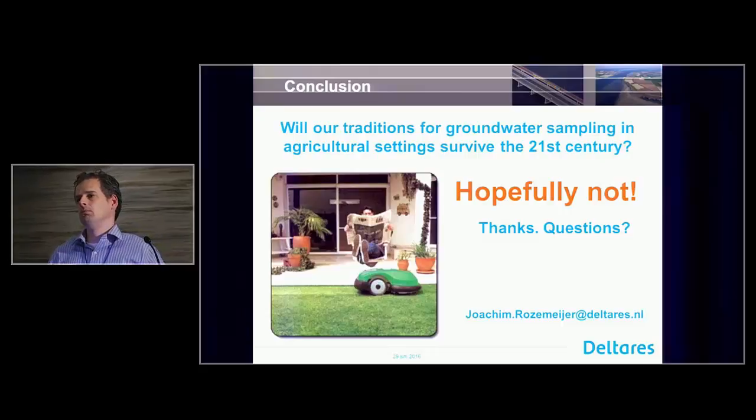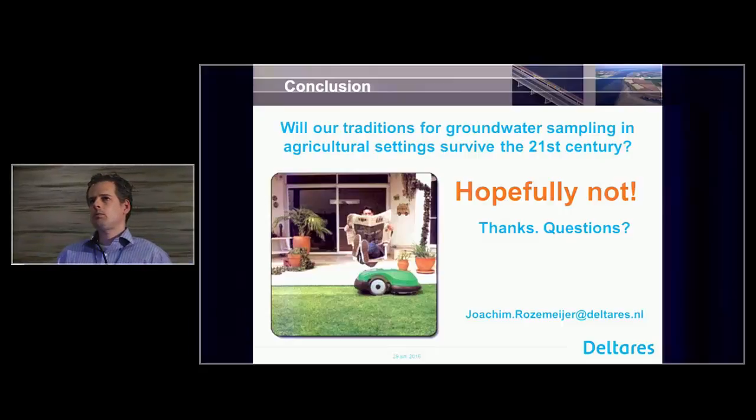One other question was on the pesticides you measure with the continuous flow-through cell. Is there not any degradation taking place over time, which may influence the analysis in such a cell? I'm not entirely sure. That may happen under certain conditions. I just tested in one catchment.